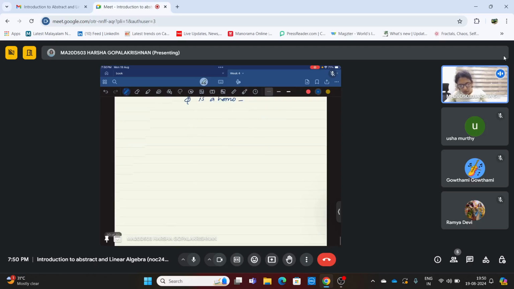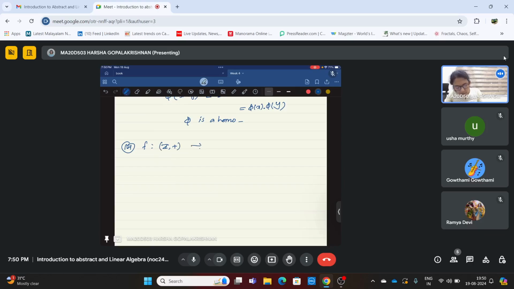Now one more question on homomorphism. f from Z under addition to R plus under multiplication, and given f of 3 equal to 1 by 3. Then f of 9 equals what? And f is a homomorphism, it is given, otherwise you cannot do anything.